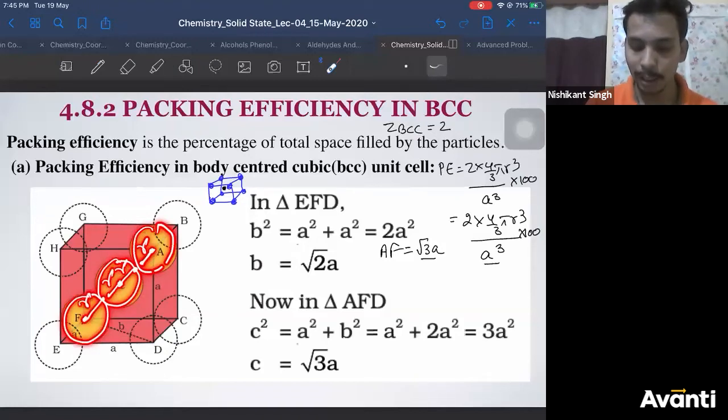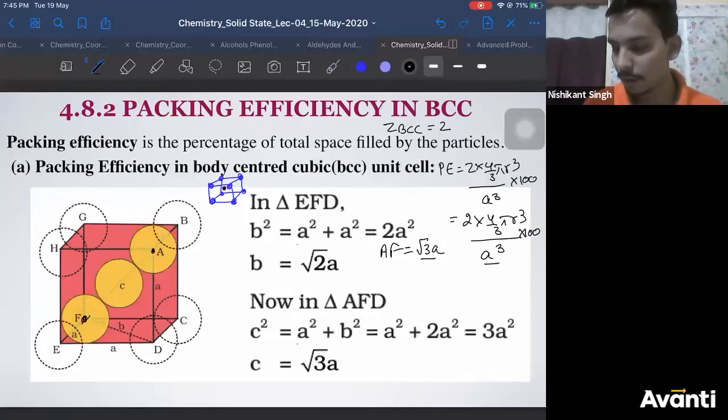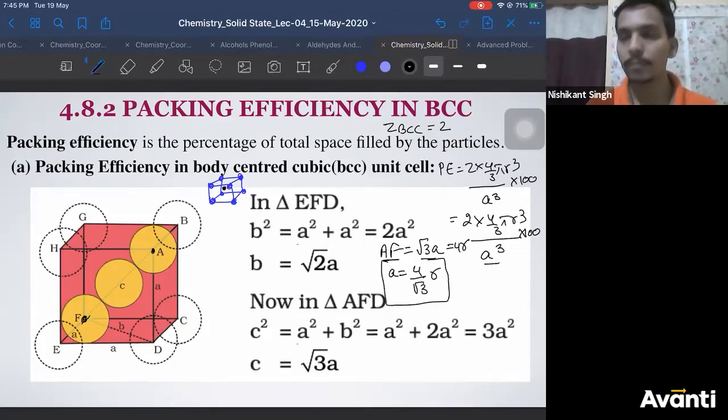So the total length AF is equal to 4 radii. Here you can find the value of a is given by 4 by root 3 r. Again, you should remember these relationships. So a is equal to 4 by root 3 r.